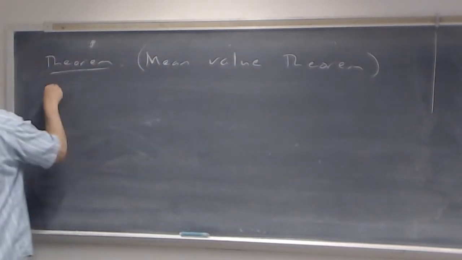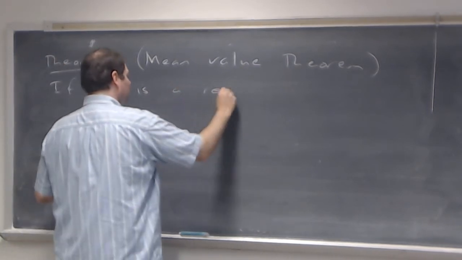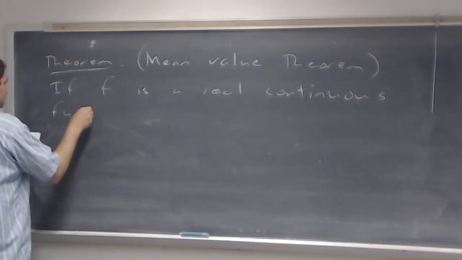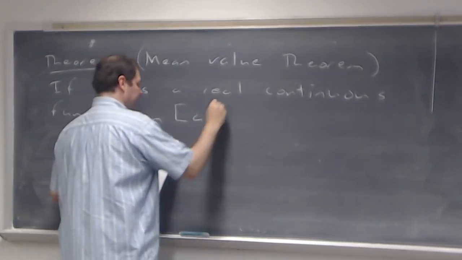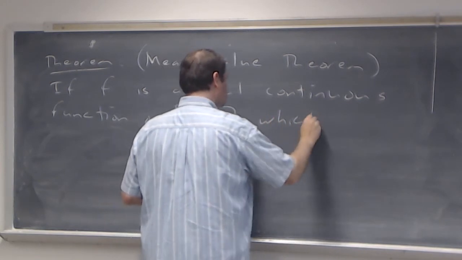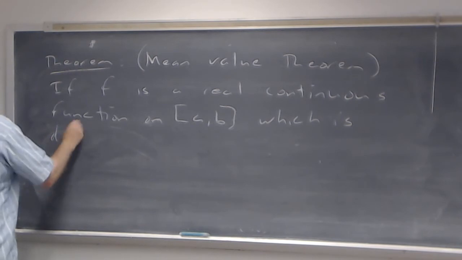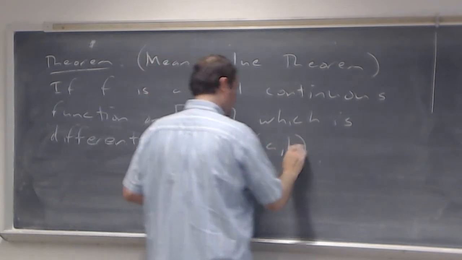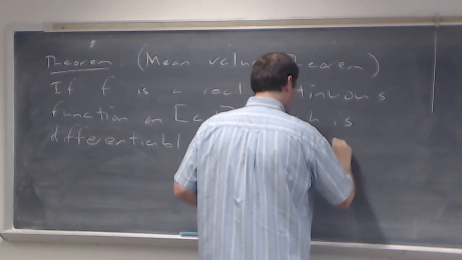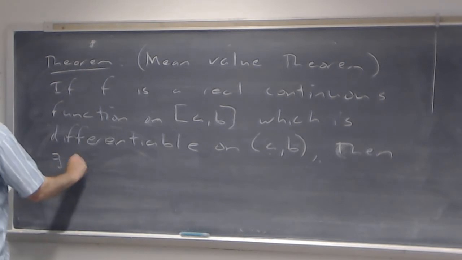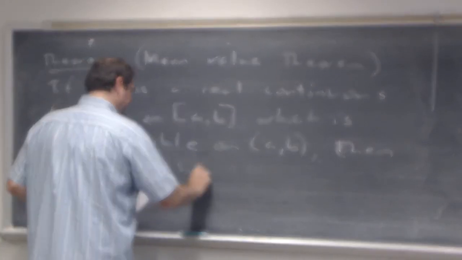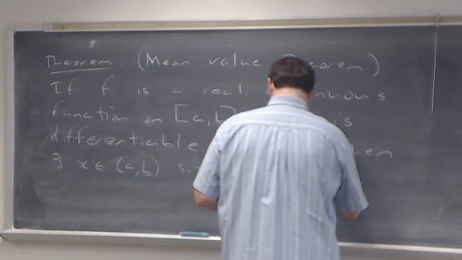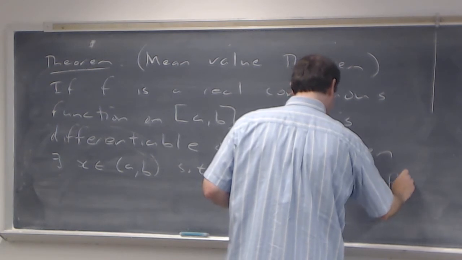It says if f is a real continuous function on the closed interval from A to B, which is differentiable on the open interval from A to B, then there exists an x element of A to B such that f of b minus f of a will be equal to b minus a times f prime of x.